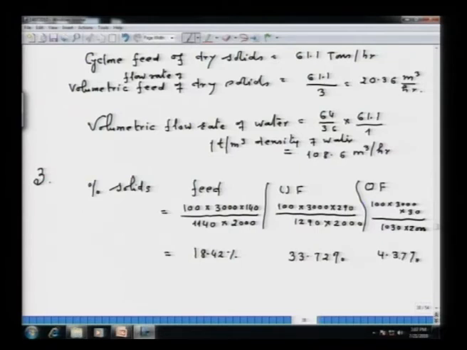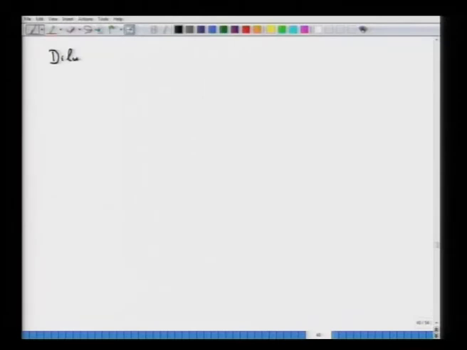Now, why did I calculate the percent solid? I calculated the percent solid simply because one can find out the dilution ratio. That is why I have determined the percent solid. So, now I can find out the dilution ratio of feed. I have already given the formula.